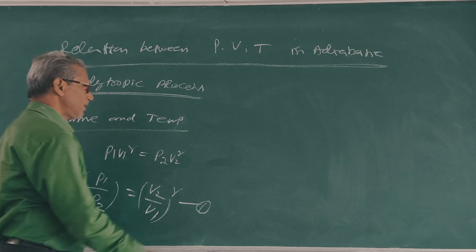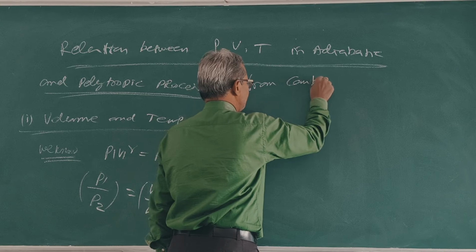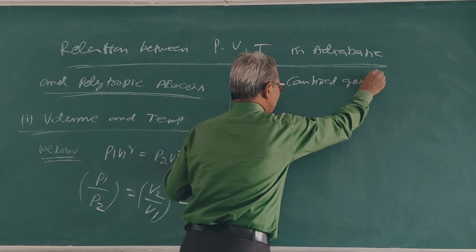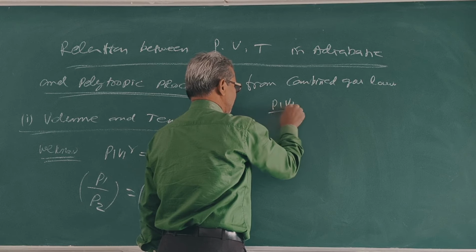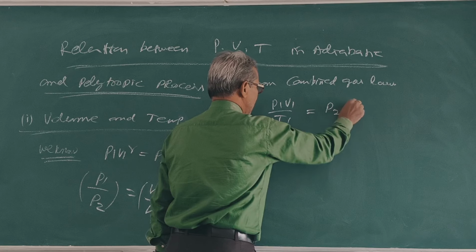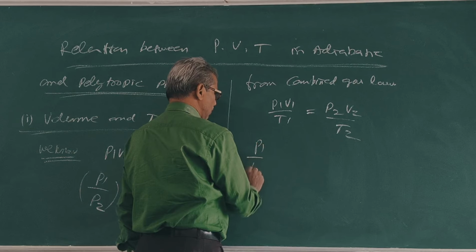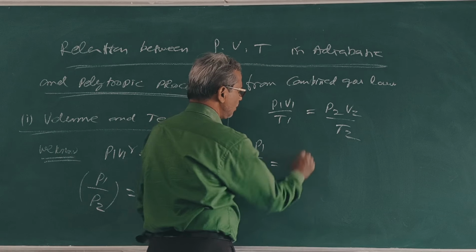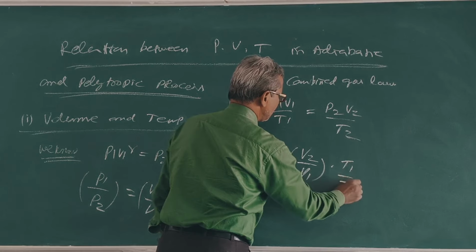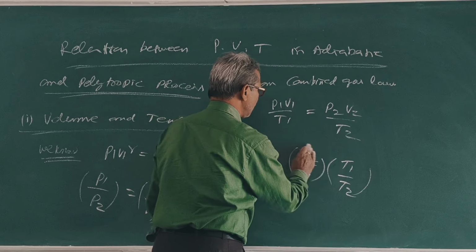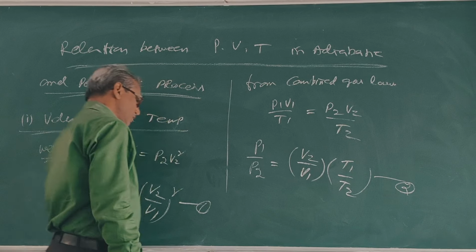Also, from combined gas law, P1 V1 by T1 is equal to P2 V2 by T2. So P1 by P2 is equal to V2 by V1 into T1 by T2. This is equation 2. Clear?